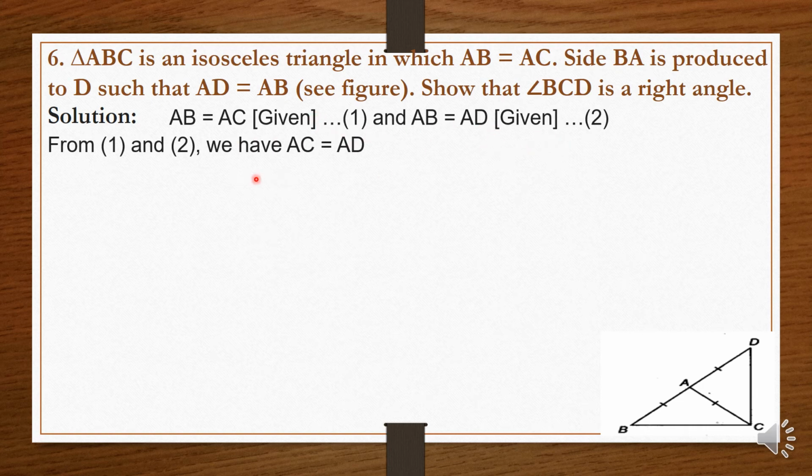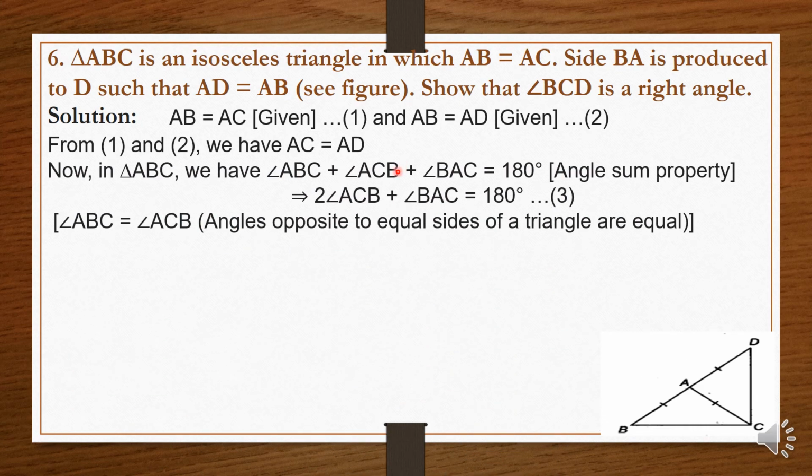If we equate these two, we will get the relation AC equals AD. Now, in triangle ABC, since this is a triangle, the sum of the angles will be 180. So, using the angle sum property, we'll write down angle ABC plus angle ACB plus angle BAC is equal to 180.